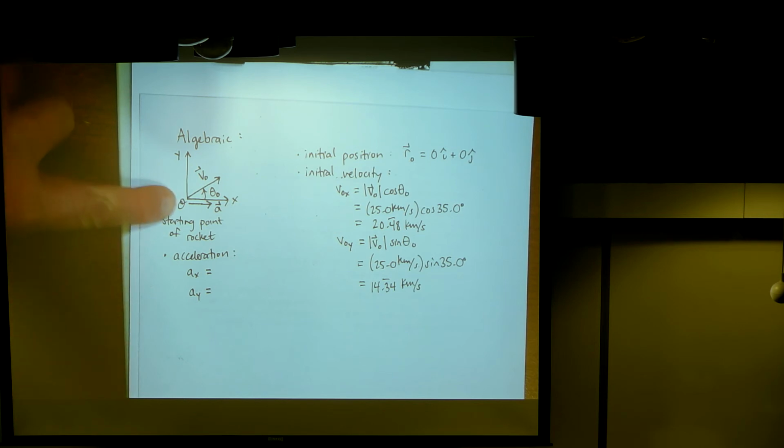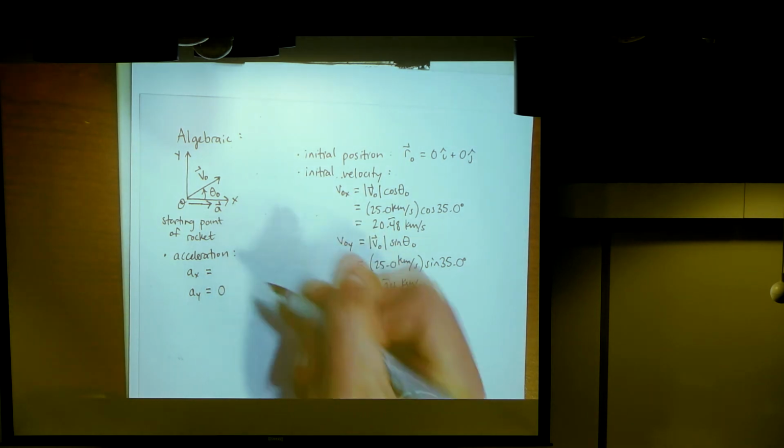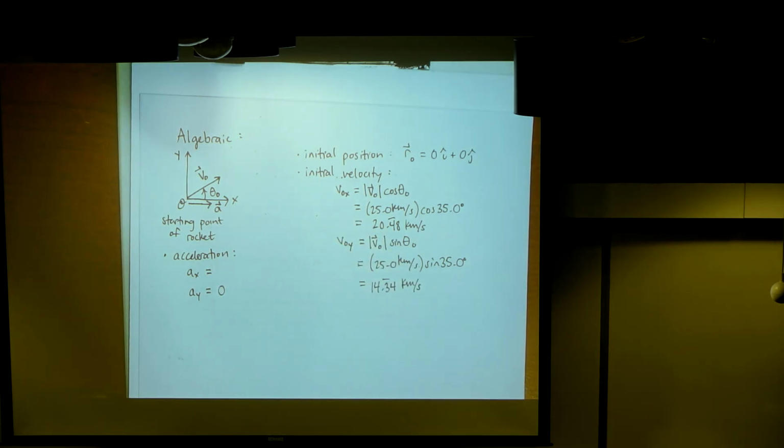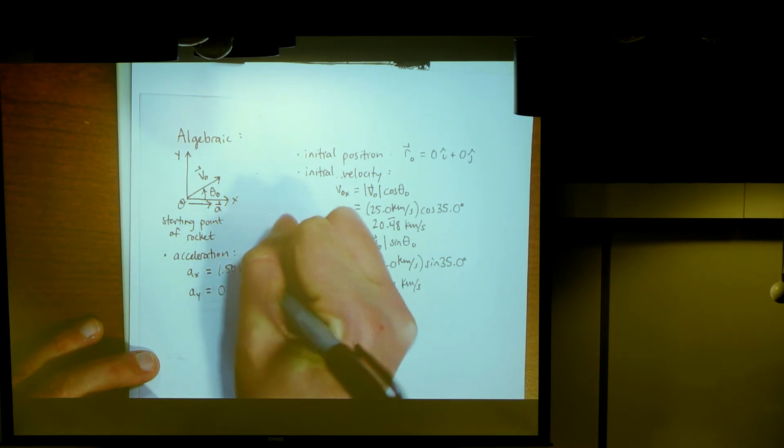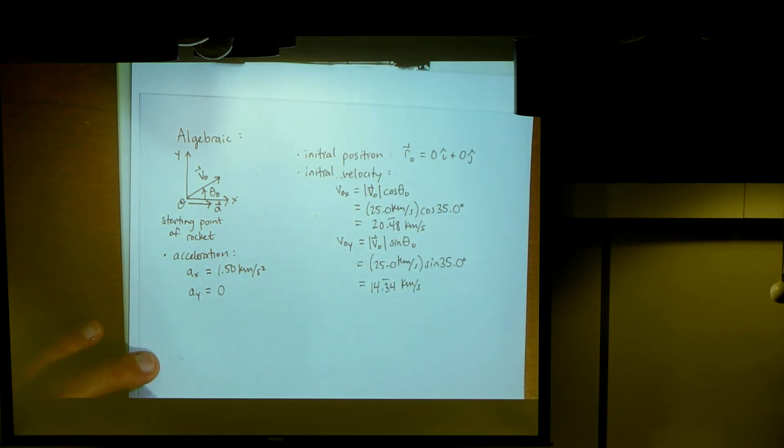The y component, right? Because this points entirely along the x-axis. So that means it doesn't have any y component. And the x component is just the magnitude of the vector, which is 1.5 kilometers per second squared. Okay? Good on that?